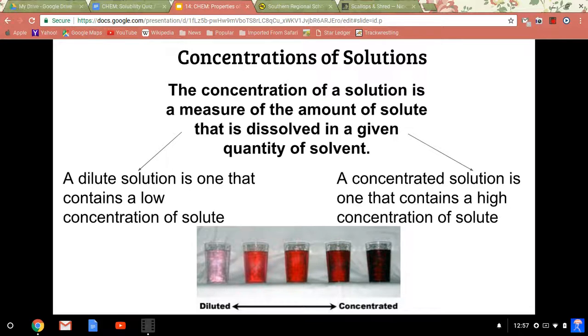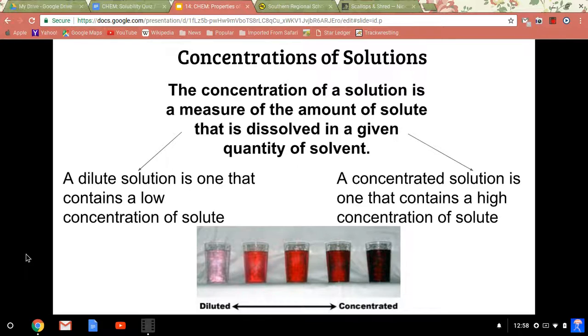There's different names for how concentrated a solution is. A dilute solution is one that contains a low concentration of solute. A concentrated solution is one that contains a high concentration of solute. So if you think Kool-Aid, pretend those glasses on the bottom are Kool-Aid. The one all the way on the left is very diluted. There's not much Kool-Aid in there.